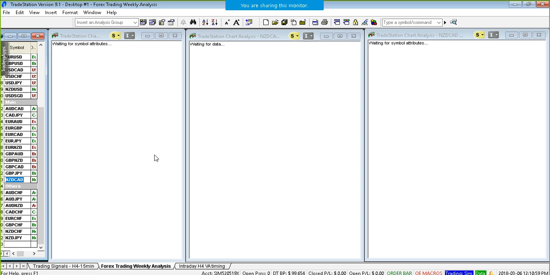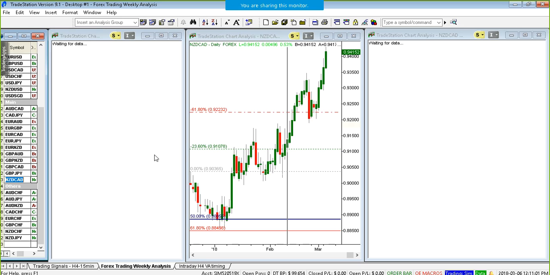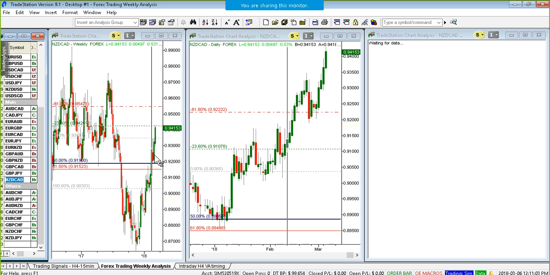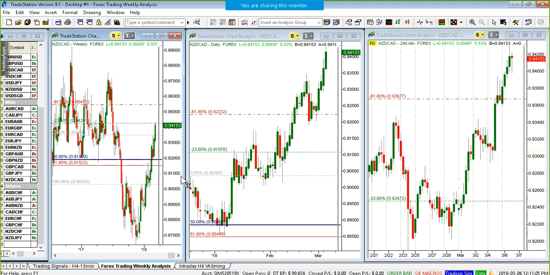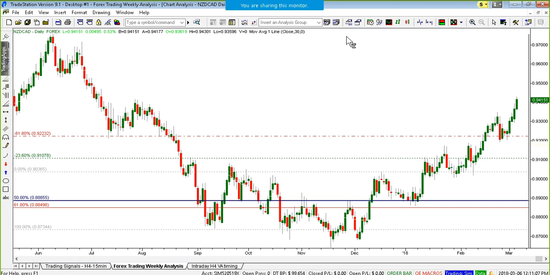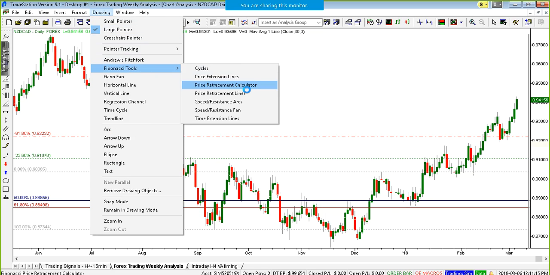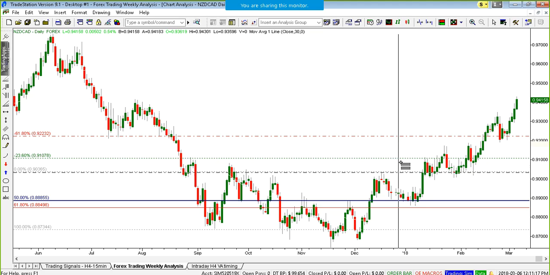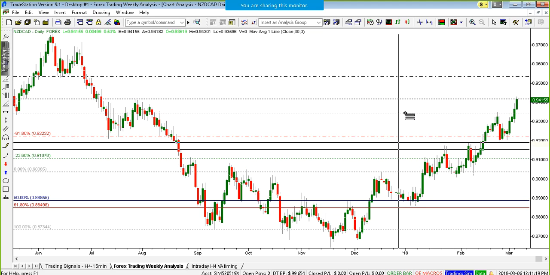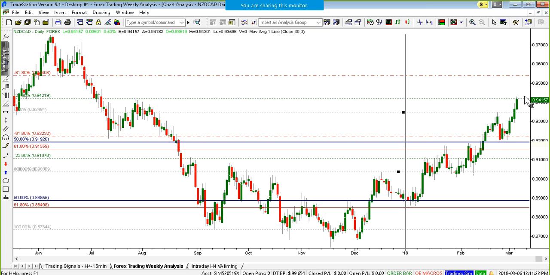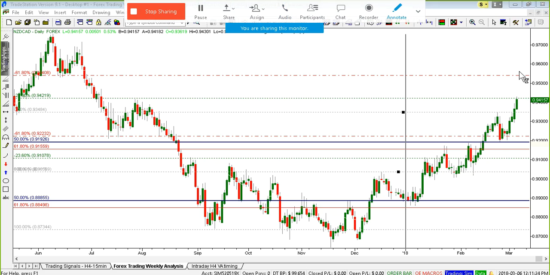New Zealand dollar, Canadian dollar. This market here has continued higher. We had this extension that traded into the first target and second target, and the next measure move from highs to highs has traded and brought price into the first target. This is an extension, so very technical market.